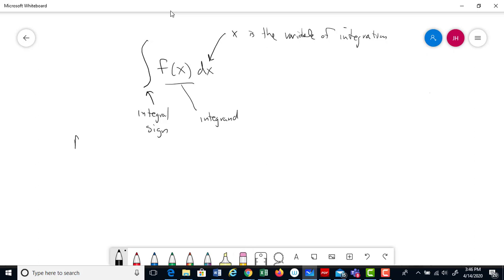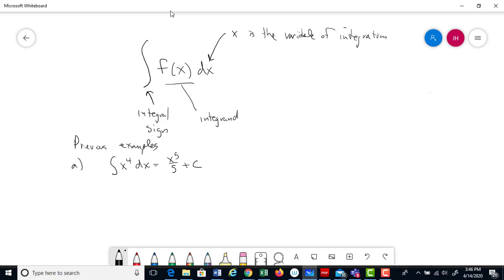So for our previous examples, for instance, if I'm asking what is the integral of x to the fourth dx, well, we know that this is equal to x to the 5 over 5 plus c. So now we have some kind of operator. Instead of just saying find the antiderivative of x to the fourth, I can write it this way.